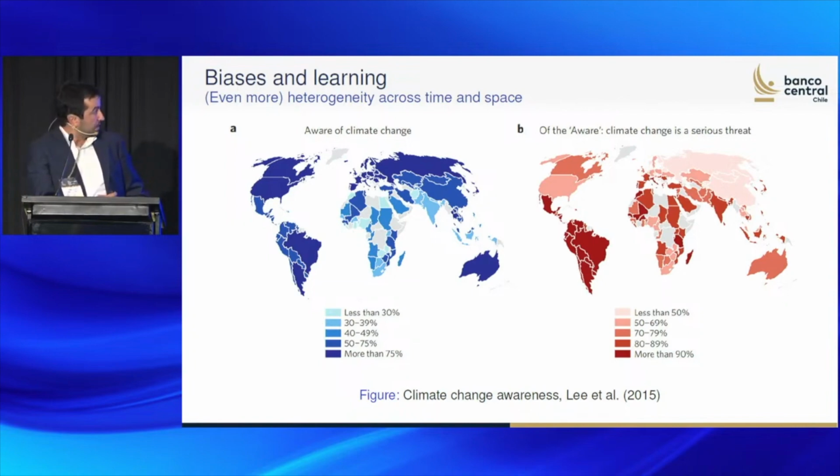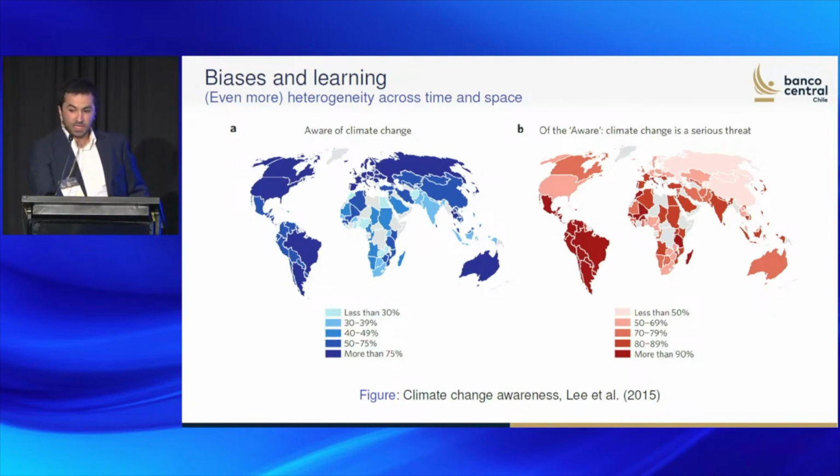So an important thing is, if you see the US, for example, you see India, you see China, you have three big countries with a lot of population, a lot of political power, and they don't seem to care too much about climate change. On the one hand, you have the US and you have China, where there's plenty of people that agree that climate change is a thing, but if you move to the right part of the chart, they don't really think that it is something that we should be worried about.